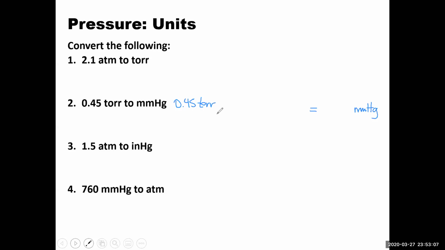So we want to cancel out our torrs, and for every 1 torr, that's equal to 1 millimeter of mercury. So now our torrs cancel out, and we end up with 0.45 millimeters of mercury.